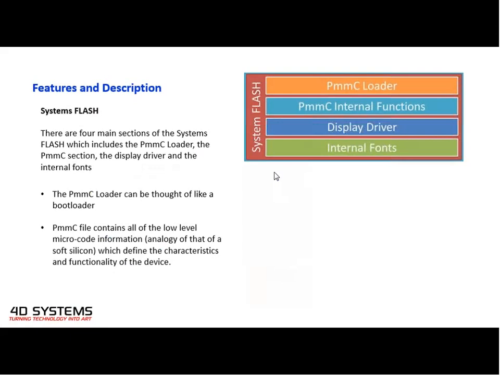The PmmC file is actually the low-level microcode information, which is what I was explaining earlier, the analogy of that soft silicon, which defines the characteristics and functionality of the device. So for any type of display, you have a particular PmmC file.